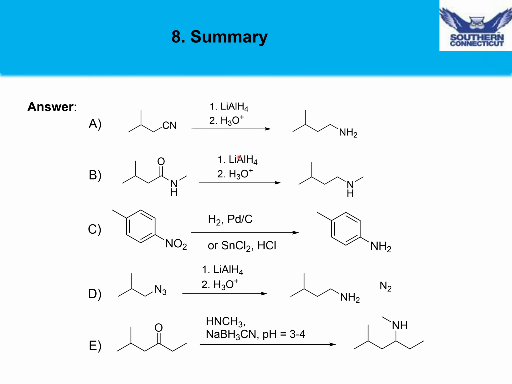So after the addition of one equivalent of the hydride to this carbonyl, the OH that results will be eliminated by the lone pair on this nitrogen, and the imine intermediate will be eventually reduced into this amine.